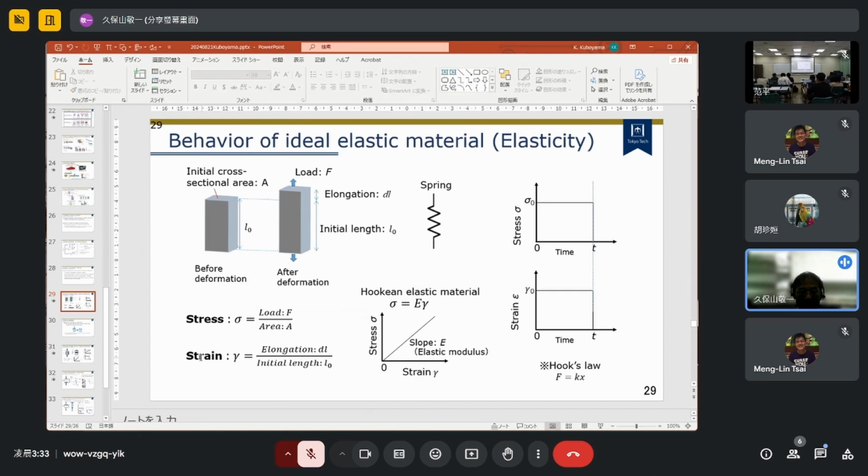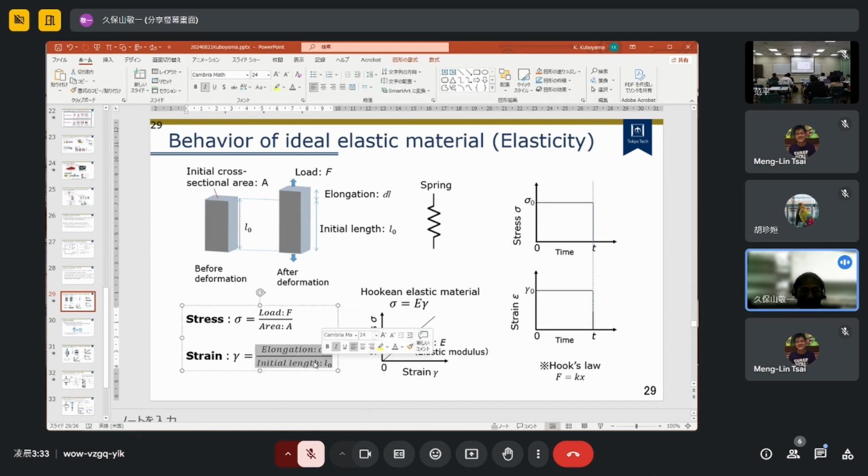And strain can be defined by this equation. Oh, I'm sorry. So elongation dl divided by the initial length, that is strain. Normally, the ideal elastic body can be represented by a spring, like this.